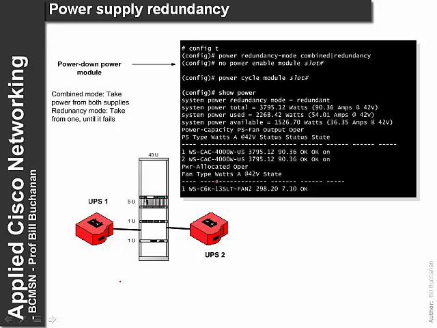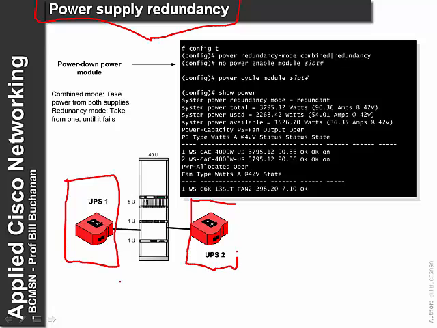A key factor in any switch is the power supply. If the power supply fails, then the whole switch will fail to operate. So it's important that we have power supply redundancy. Typically for this we have two UPSs, in this case 1 and 2, and we supply them to the rack.